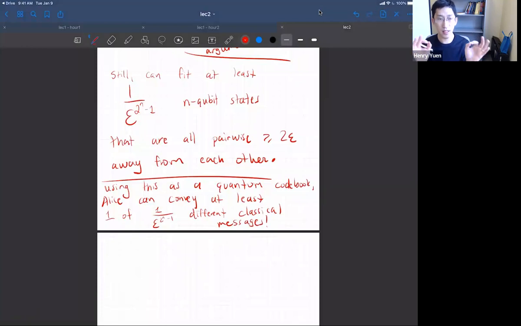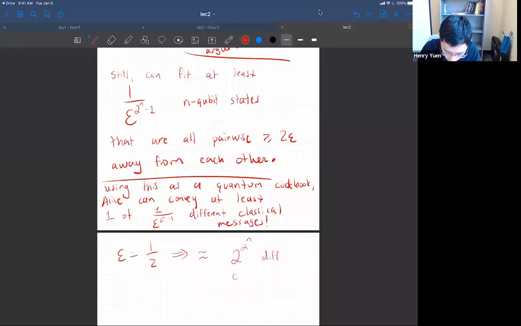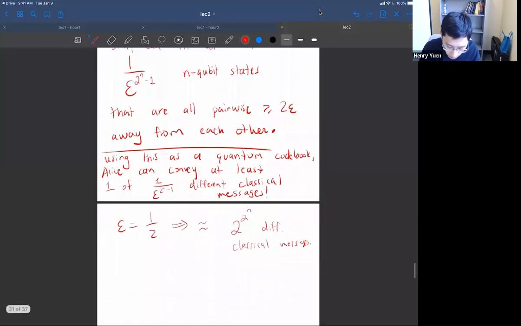The number of these disks is going to be doubly exponential in little n. So if epsilon was equal to half, as we said, then this is roughly equal to 2 to the 2 to the n different classical messages, which is an absolutely ginormous number.